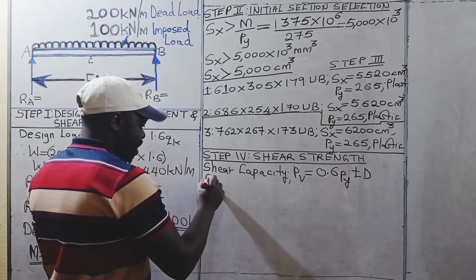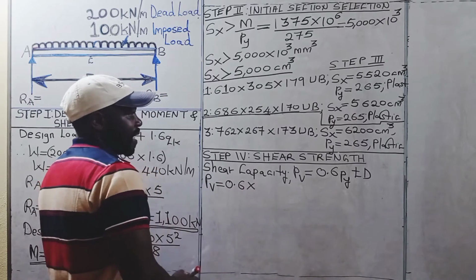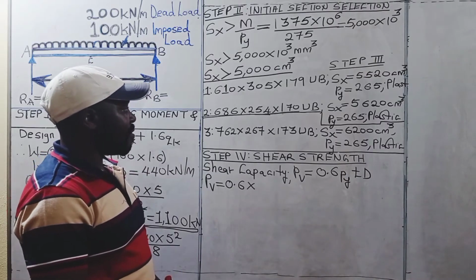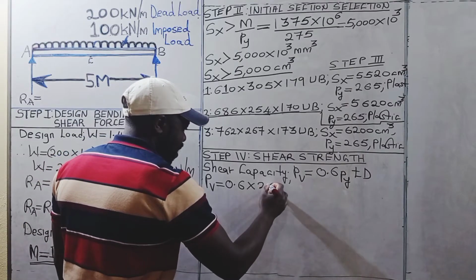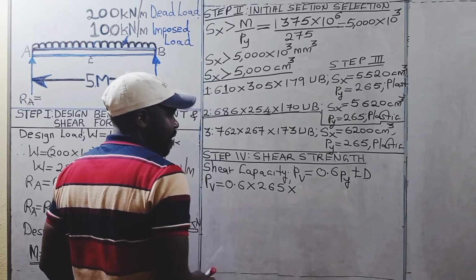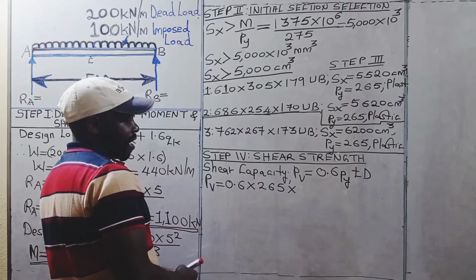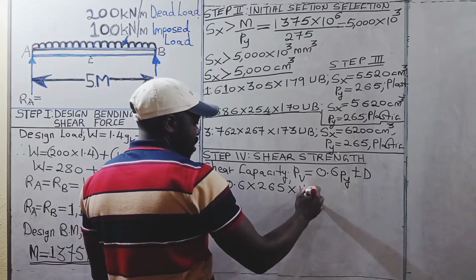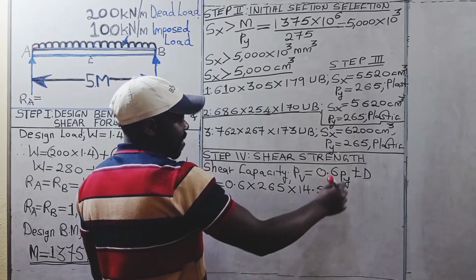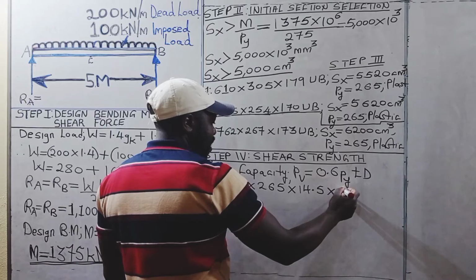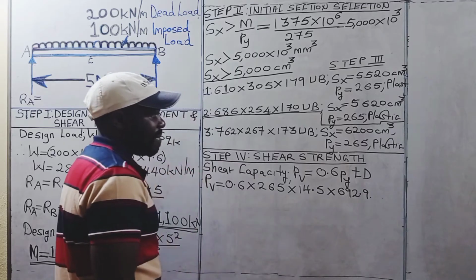Therefore, the shear capacity of the section will be given by 0.6 times the strength of this steel section, which is 265 newtons per square millimeters. Therefore, we multiply that by 265 times the web thickness from appendix B of this section, which is 14.5 millimeters, and the depth of the section from the same appendix B happens to be 692.9 millimeters.